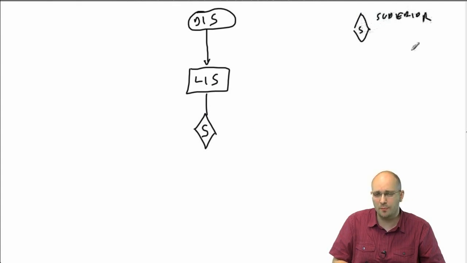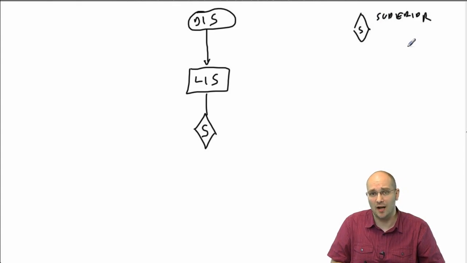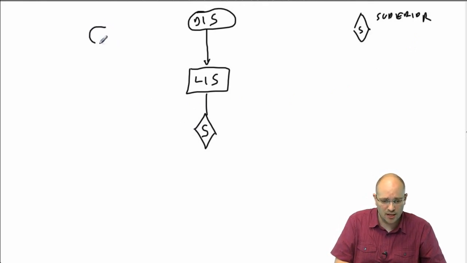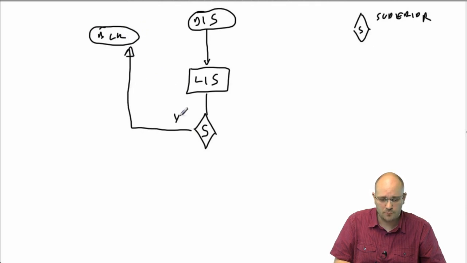The superior BPDU is the BPDU that goes through one of those tiebreakers and is determined to be better than the one that would be generated by this port. If we receive a superior BPDU, the port is going to transition into a blocking state.